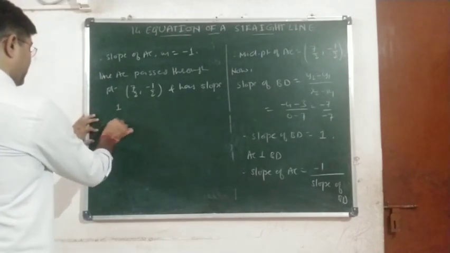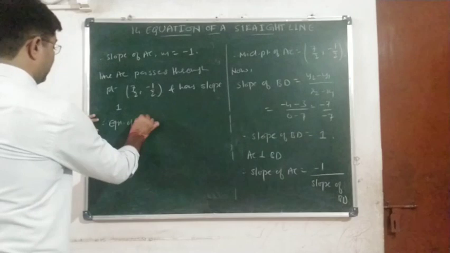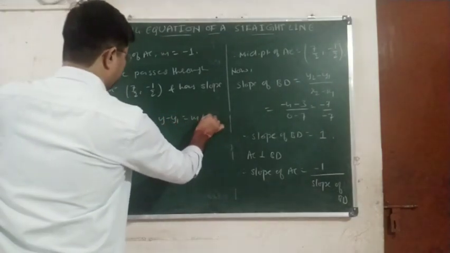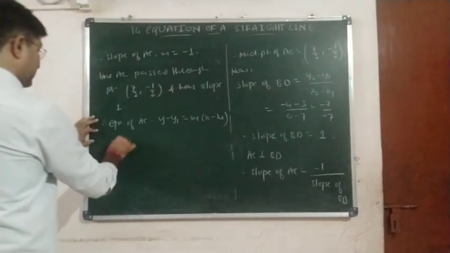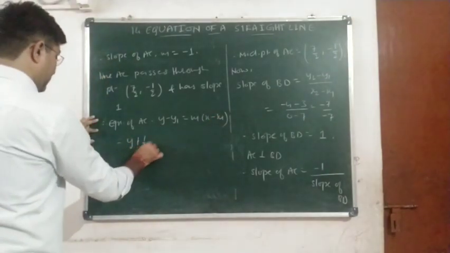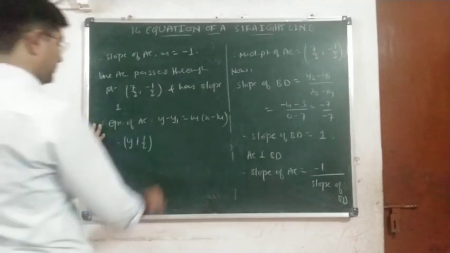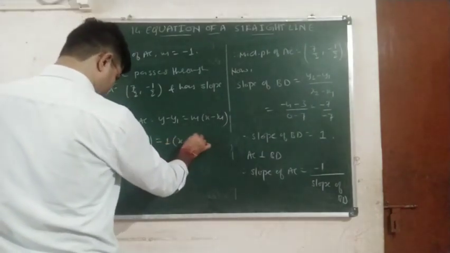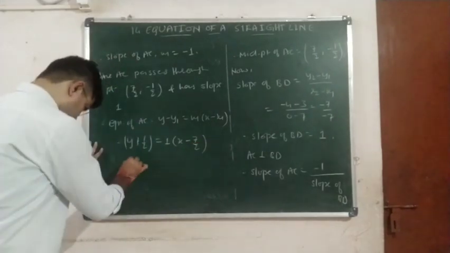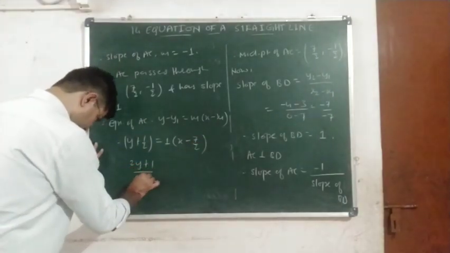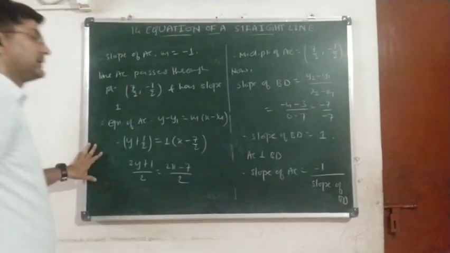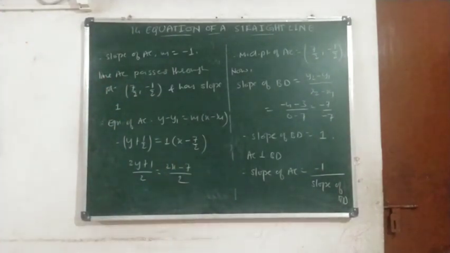And therefore equation of AC will be y minus y1 is equal to m into x minus x1. Therefore y plus 1 by 2 is equal to 1 into x minus 7 upon 2. Therefore (2y plus 1) upon 2 is equal to (2x minus 7) upon 2.